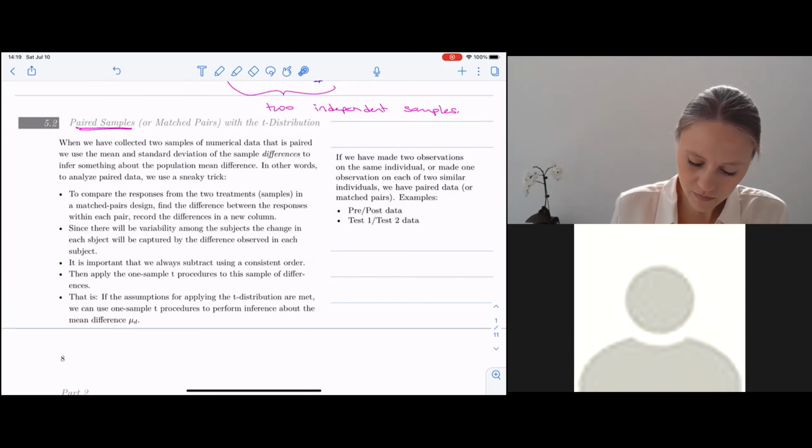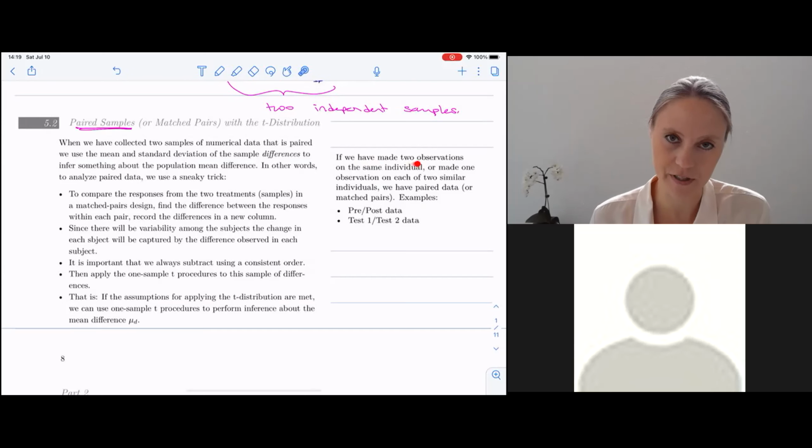And so let's just skip over to the sidebar here where it emphasizes: if we've made two observations on the same individual, or if we've made one observation on each of two similar individuals, so you could treat siblings typically as a pair, especially if you're dealing with twins. Cha-ching for research, right?